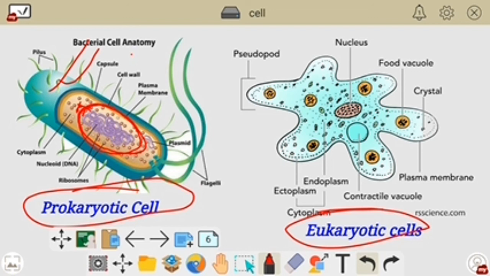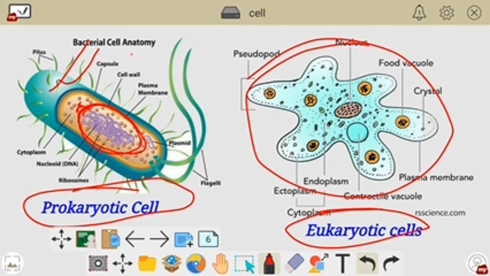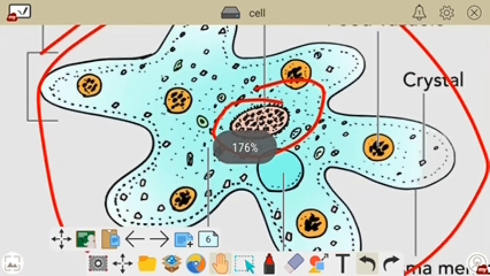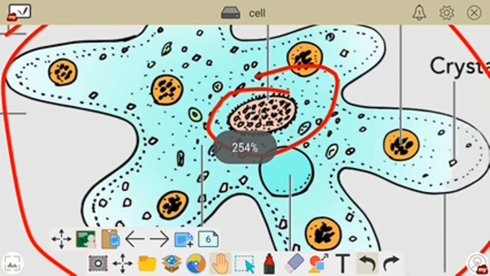Now you can see this is a picture of an amoeba cell, and here is the nucleus. You can see the nucleus has a membrane, right? The nucleus has a membrane, in which the nuclear materials are being kept.